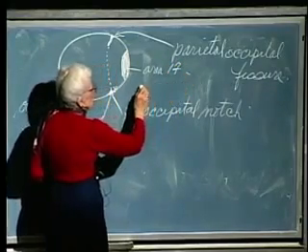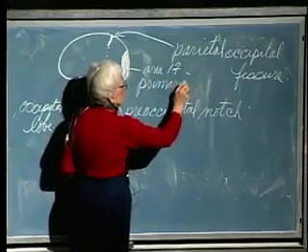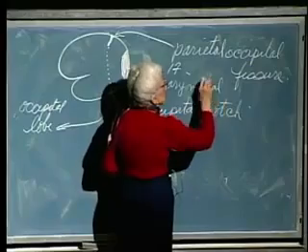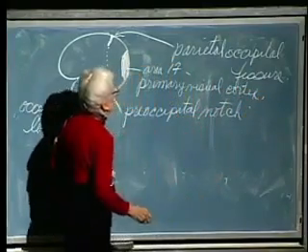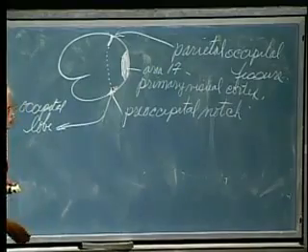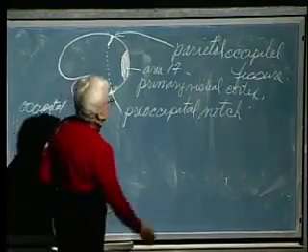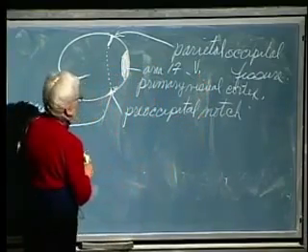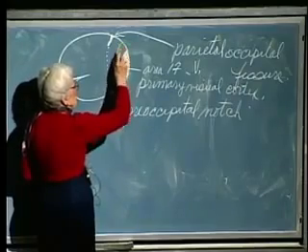It's our primary visual cortex. This is called V1 in animal work. So many work on the monkey for the visual cortex. Then we have visual association surrounding it.